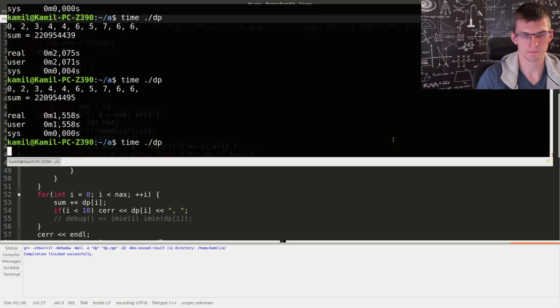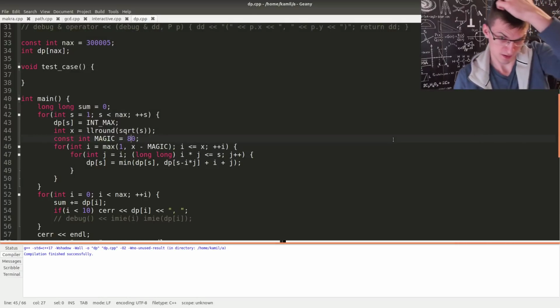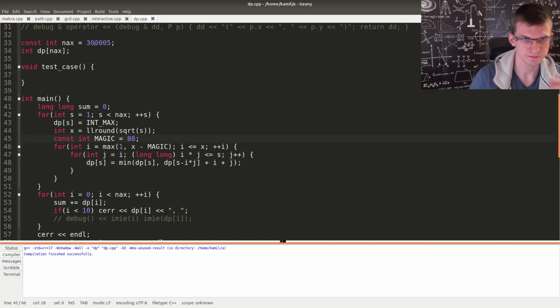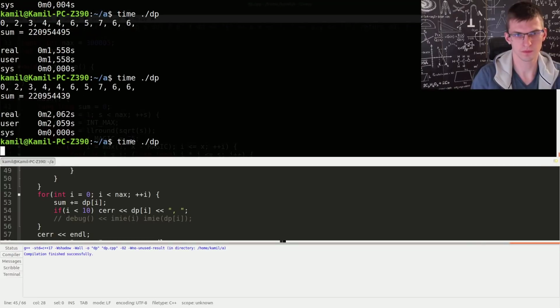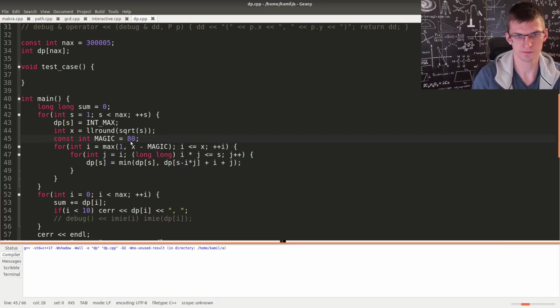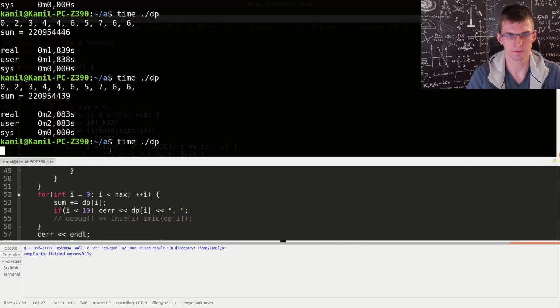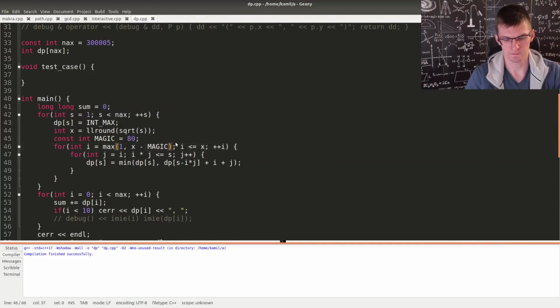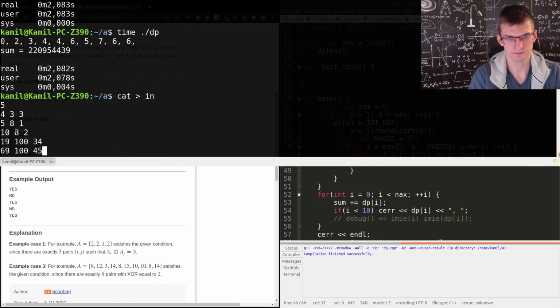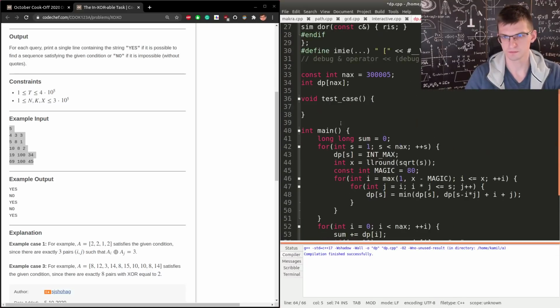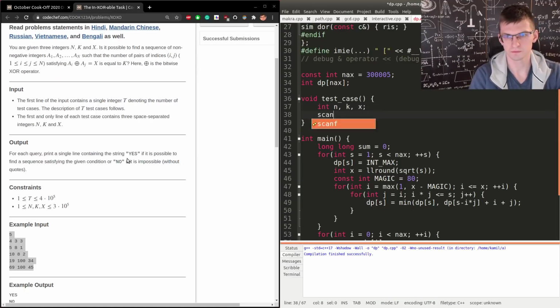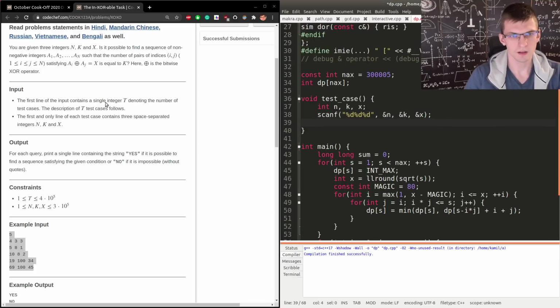Stop. Start reading the input. X should be ignored, and it just checks whether the shortest length for this k is smaller or equal n.